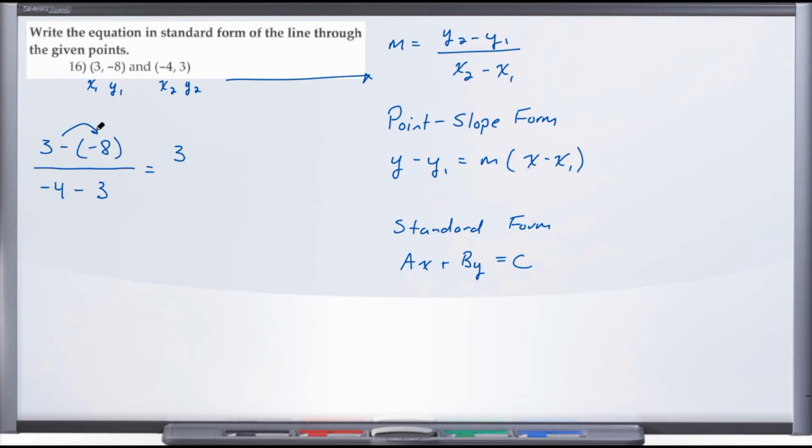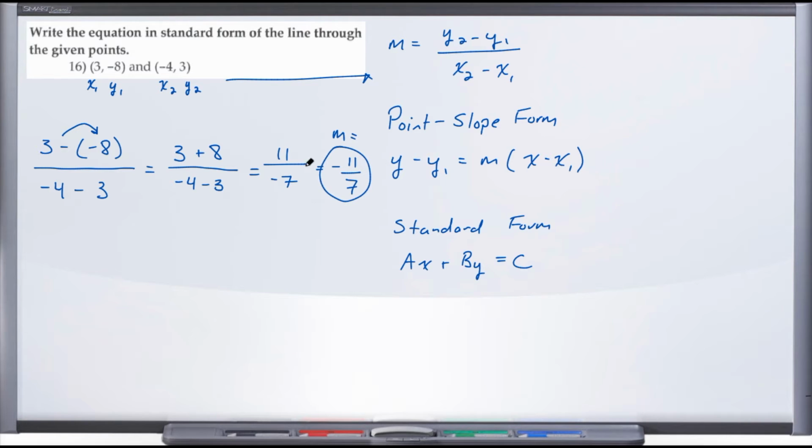When we distribute this negative through, we're going to get 3 plus 8 over negative 4 minus 3. And so 3 plus 8 gives us 11 over negative 4 minus 3, which is negative 7. And so we're going to have negative 11 over 7 as our slope. So this is our m.